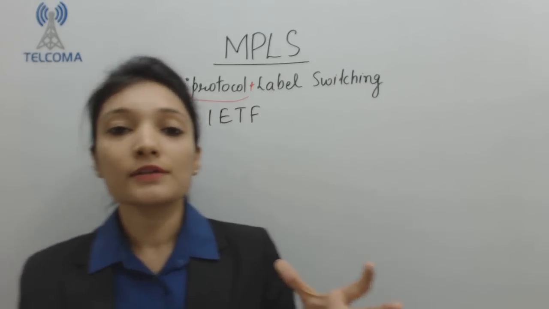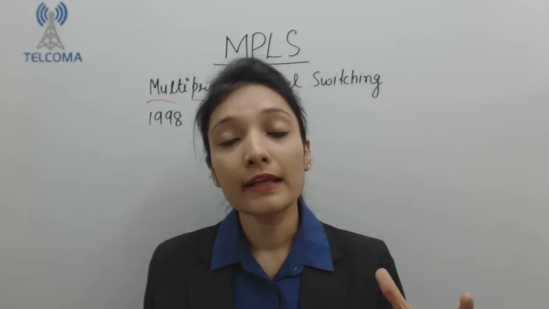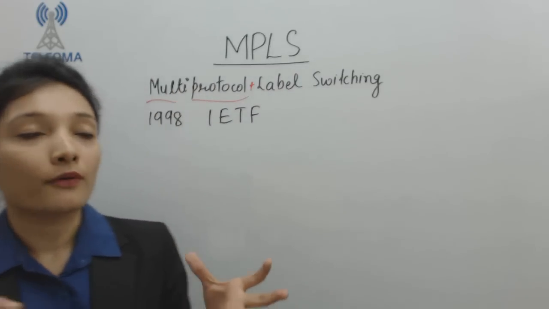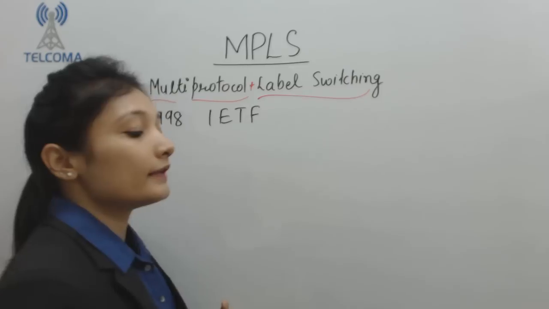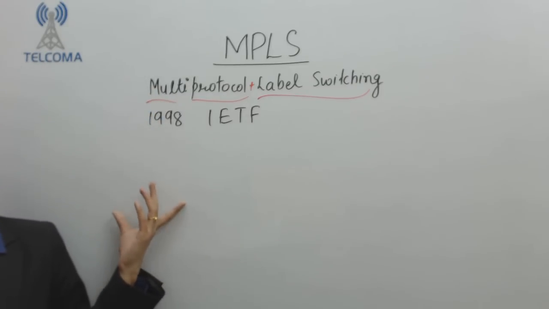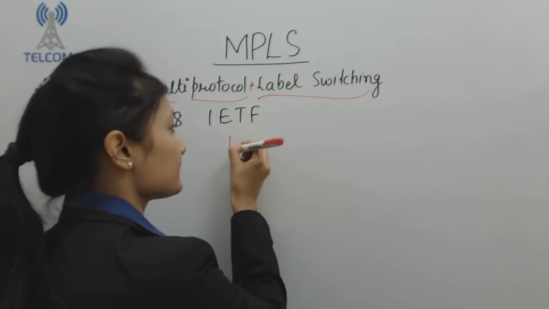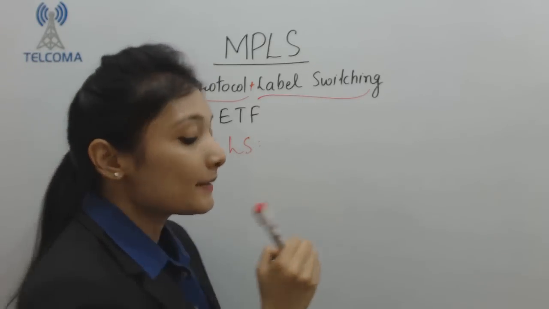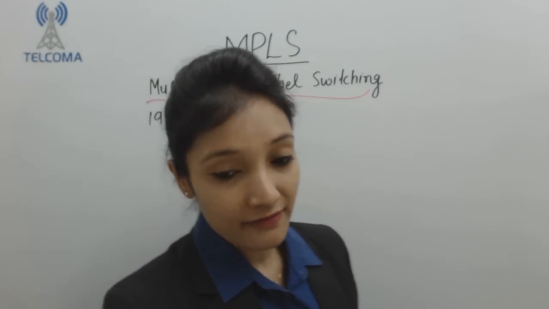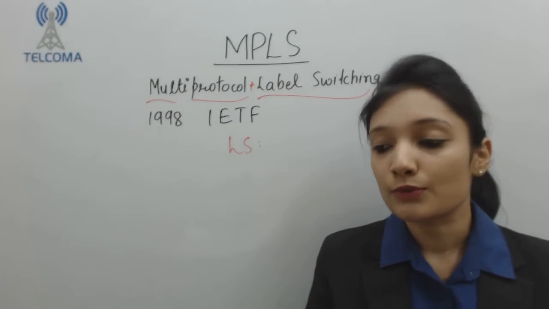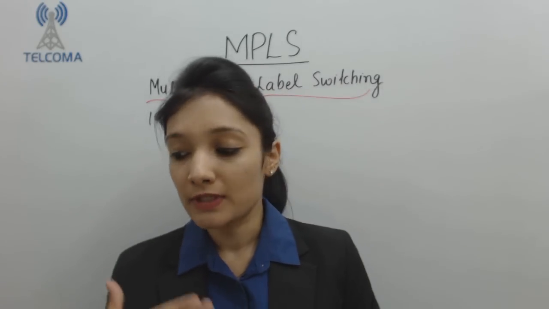And how is it forwarding the traffic? It is forwarding the traffic with the help of switches. It means it uses the label switching technology. So this LS, label switching, is the technique of forwarding the traffic by overcoming the problems of traditional IP switching.